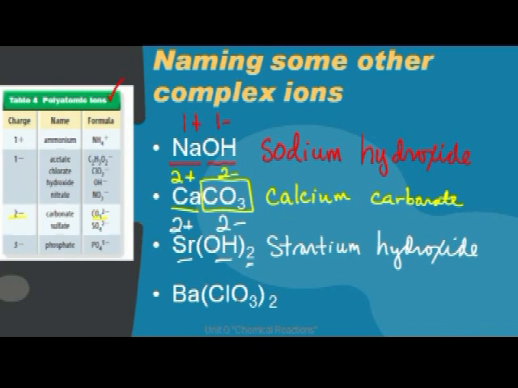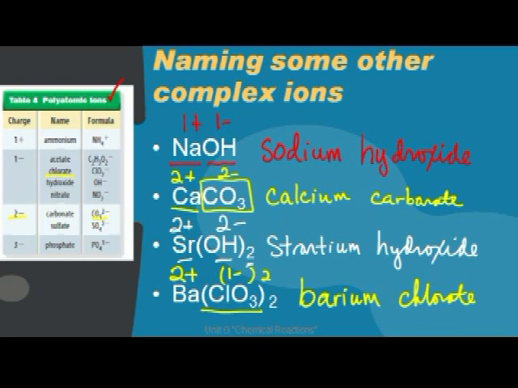The last one here is barium. Barium is an alkaline earth metal, so it's got an oxidation number of 2+. And ClO3 is our polyatomic ion. We have to look it up. There it is. It's chlorate. Now that has an oxidation number of 1-, but we have 2 of those, so that gives us 2 negative for our oxidation number. So there are our answers for those samples.